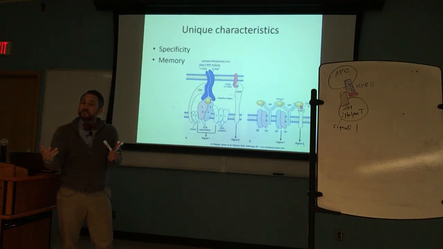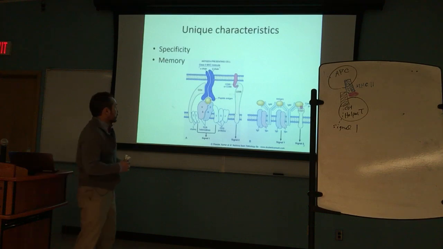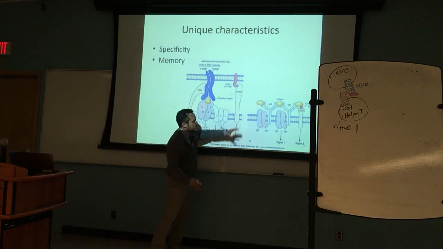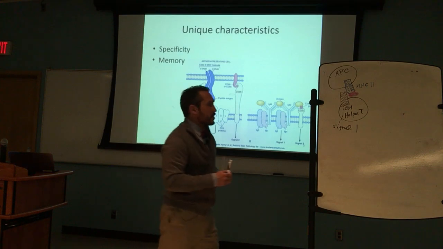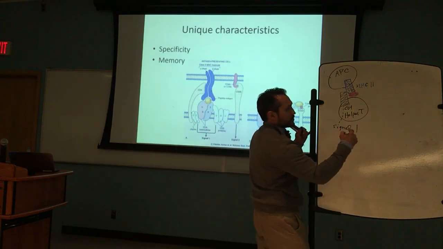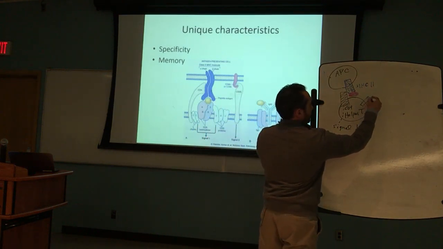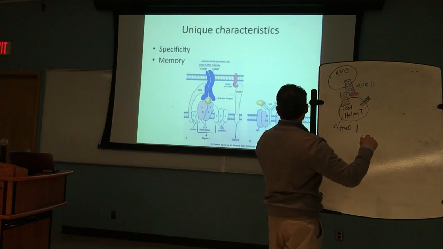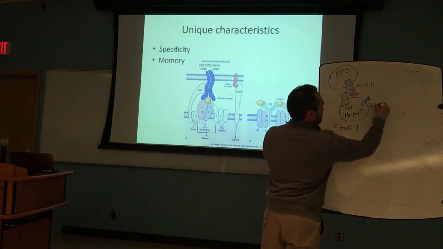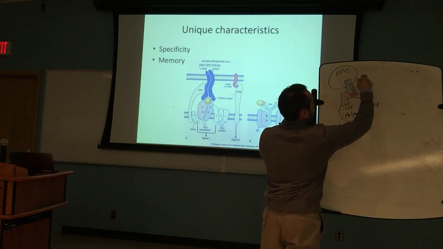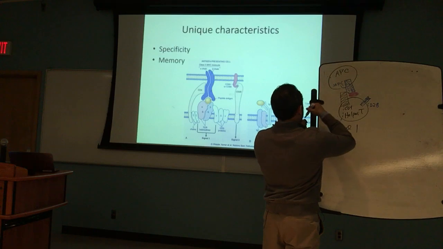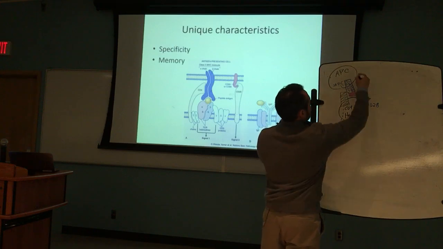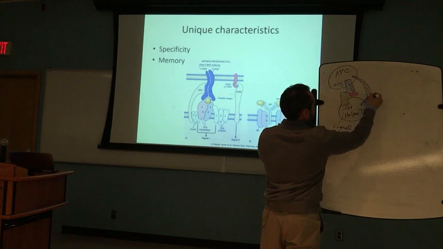Aha, but that's not enough, because that could accidentally happen, and that could be a bad thing. So we have signal number 2, and that involves 2 different molecules. On the helper T cell, it's the CD28. And over here on the MHC2 side, it's this molecule, and there are a couple of different types it could be.